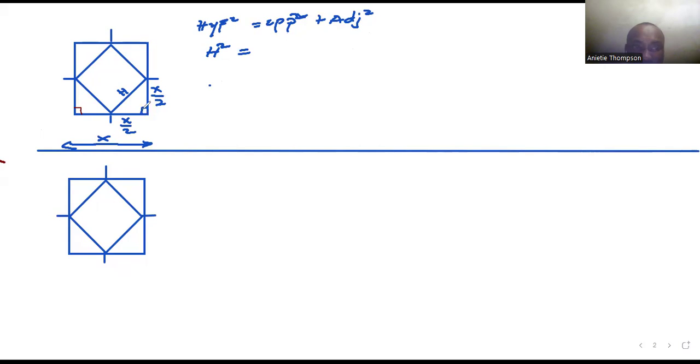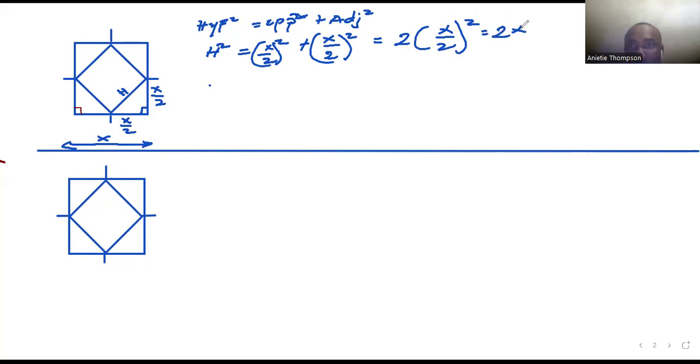The other two sides of the right angle are the same value, so it is (x over 2) squared plus (x over 2) squared. That gives 2 times (x over 2) squared. Opening the bracket, you have 2 times x squared over 4, and the 2 cancels 4 two times. So the hypotenuse squared equals x squared over 2.